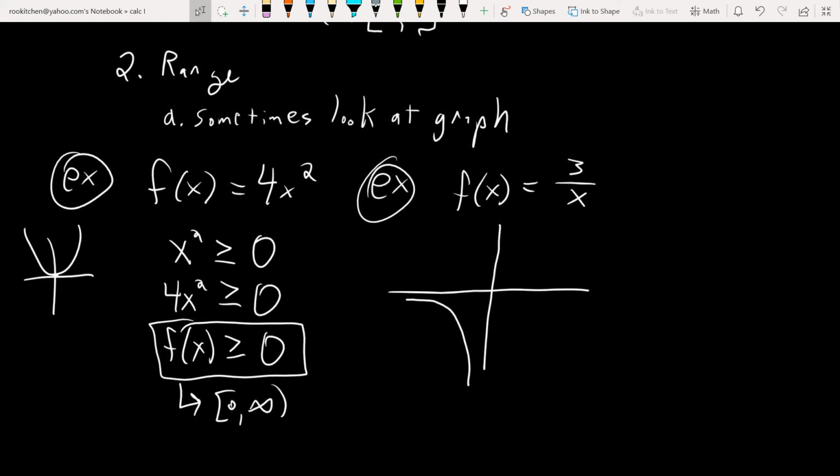So the picture I'm guessing is kind of like this. So the range is about the y values. Okay, so it's going from negative infinity all the way up to 0, but not including 0. And then it's going from 0 to infinity. Right? So the range here is going from negative infinity to 0, and to write this out, we'll have to use the union symbol. And then 0 to infinity. Okay?